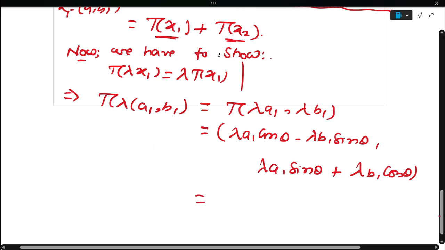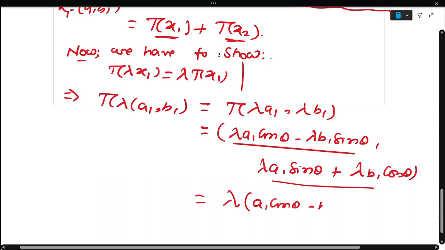Now we can take lambda common from this coordinate and also this coordinate. So lambda will be out of the coordinate and it will be a1 cos theta minus b1 sin theta, and the second coordinate will be a1 sin theta plus b1 cos theta.